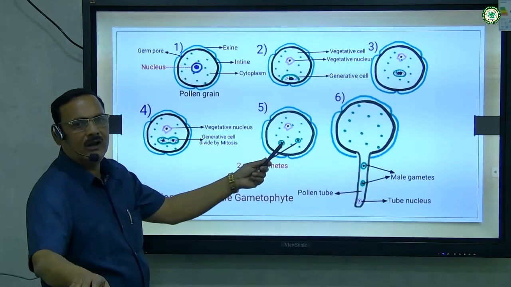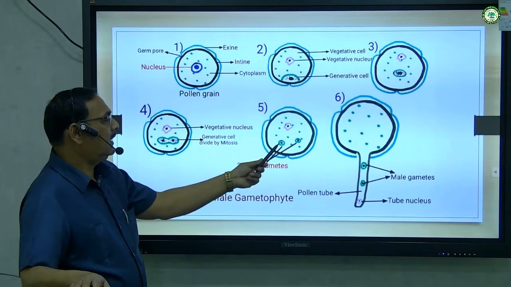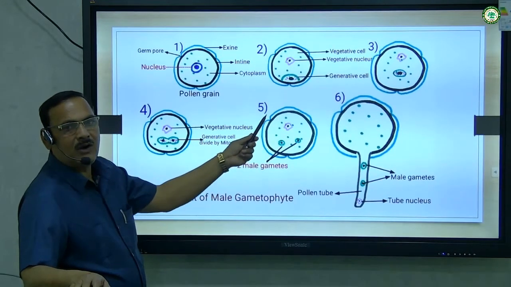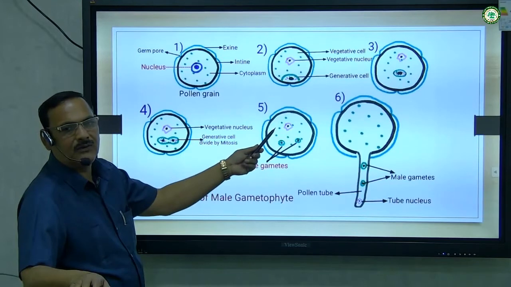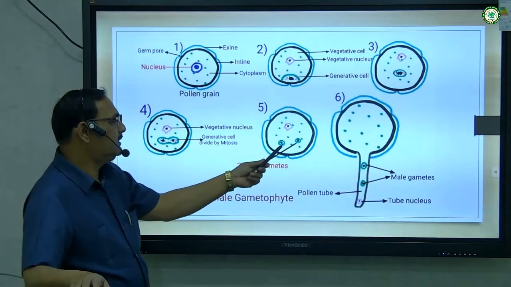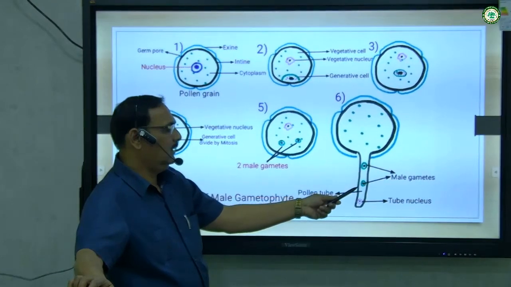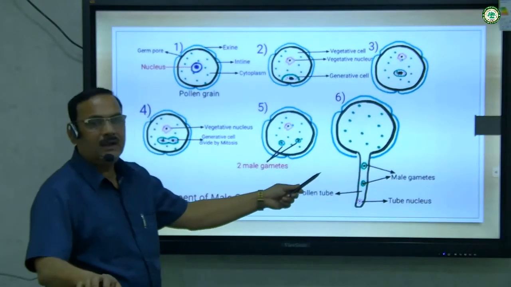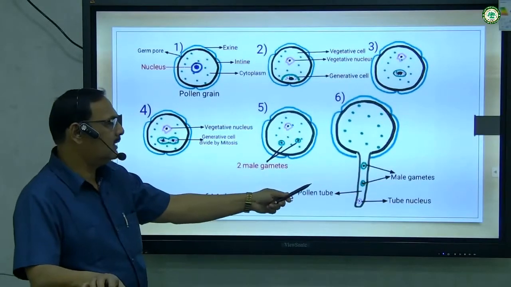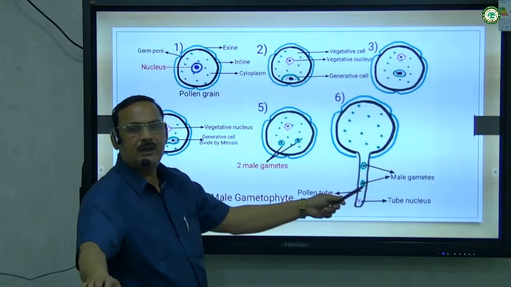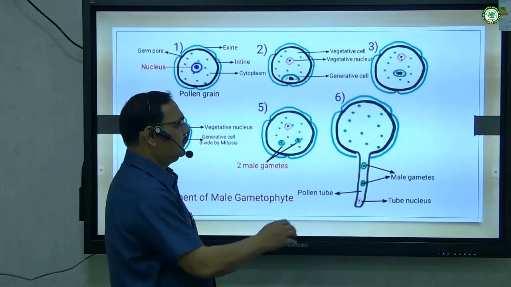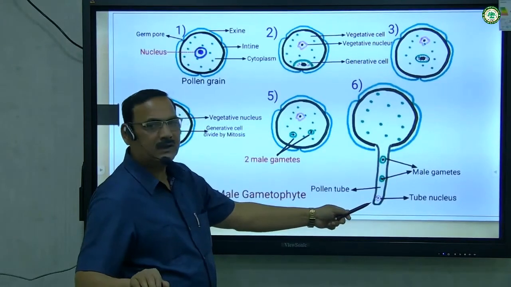As I said earlier, the two male gametes may be formed within the pollen grain itself, or the generative nucleus may first enter the pollen tube and divide there, resulting in the formation of the male gametes. At the tip you can see the tube nucleus.